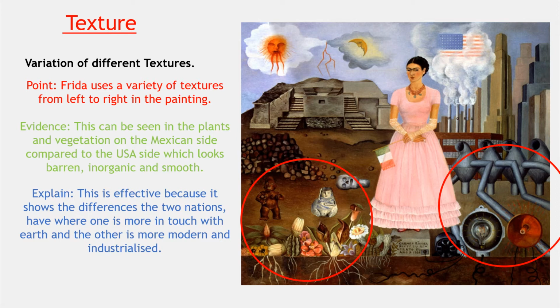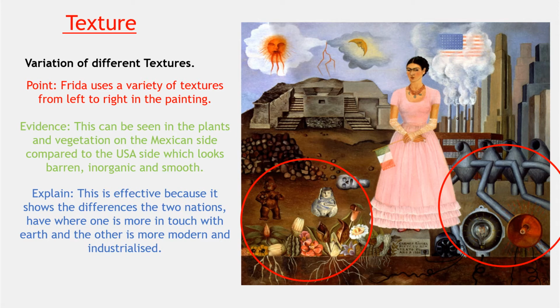So our point for this could be: Frida Kahlo uses a variety of textures from left to right in the painting. We can see this in the differences in the textures from the vegetation and the plants on the Mexican side compared to that of the machinery and the barren, inorganic soil on the USA side.